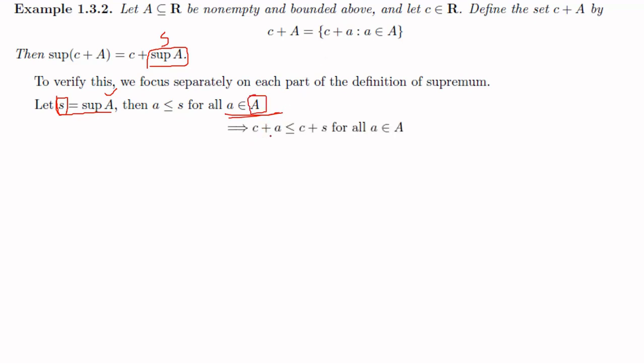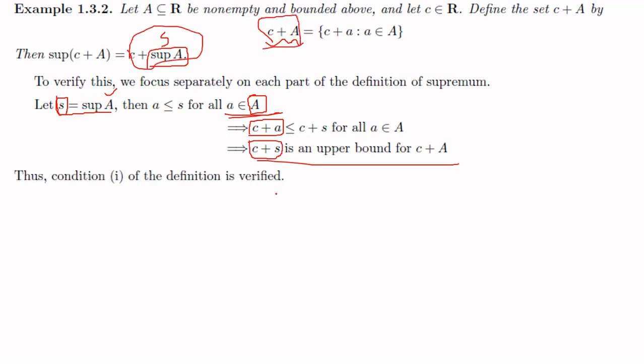So we will get C plus a is less than or equal to C plus S for all a element of A. C plus a is an element of the set C plus A. And we got that every element of C plus A is less than or equal to C plus S. So this means that C plus S is an upper bound for the set C plus A.